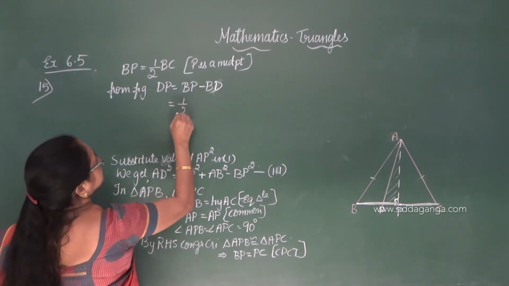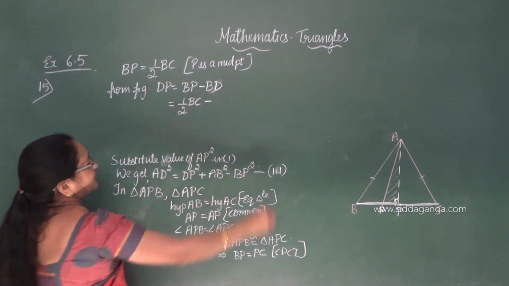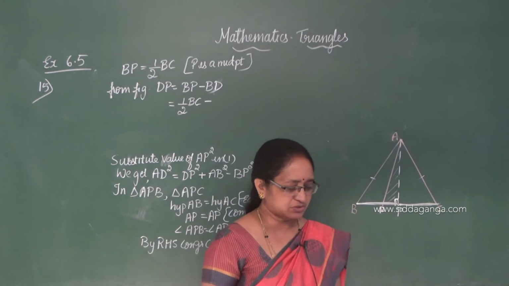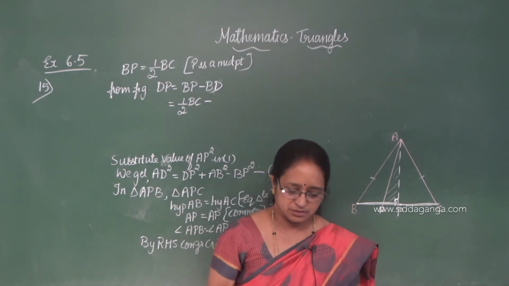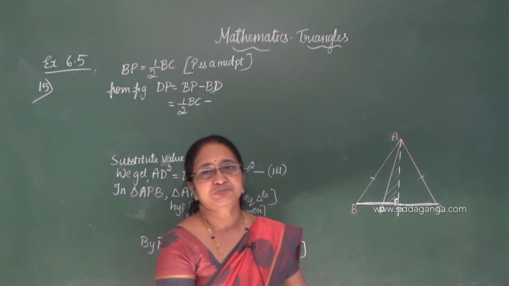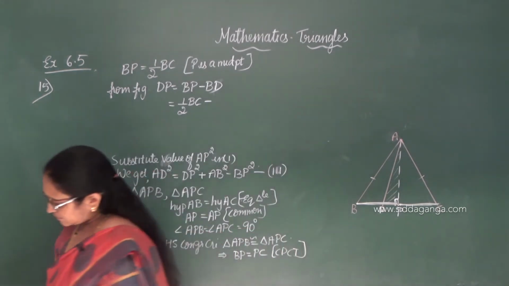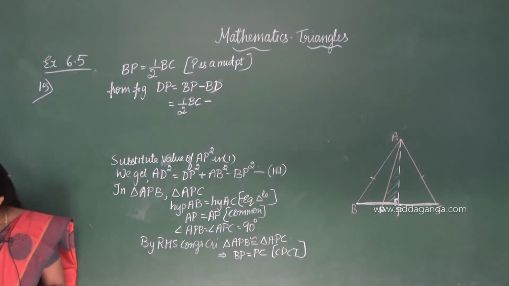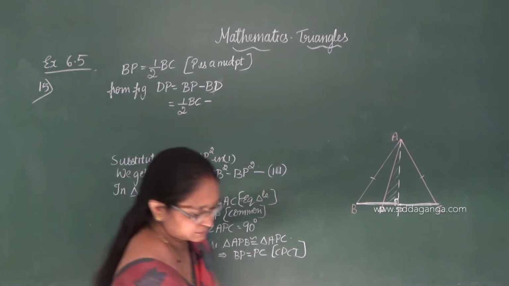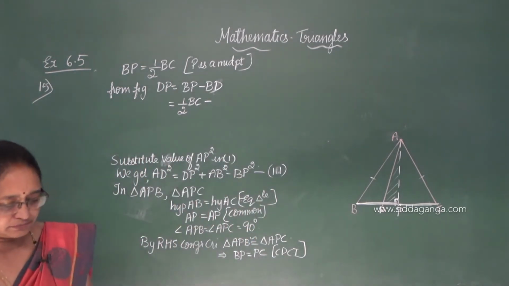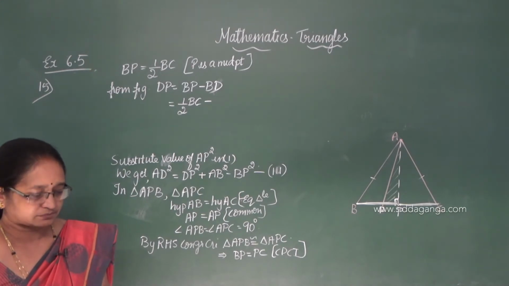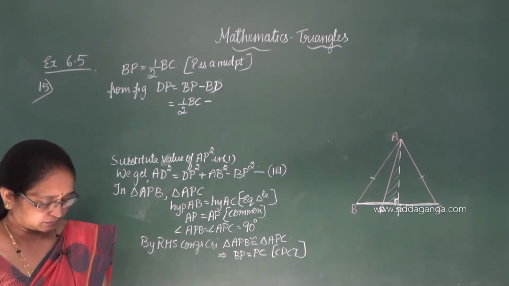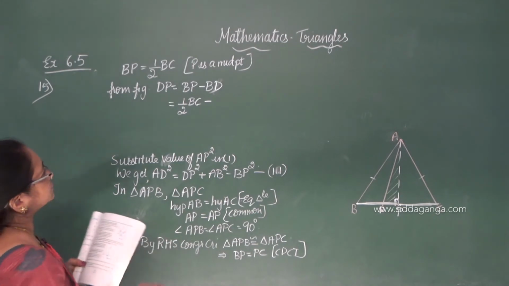BP is 1 by 2 BC, and from the question we have BD is equal to 1 by 3 BC.